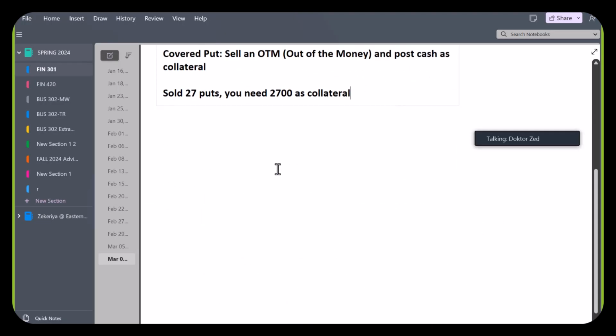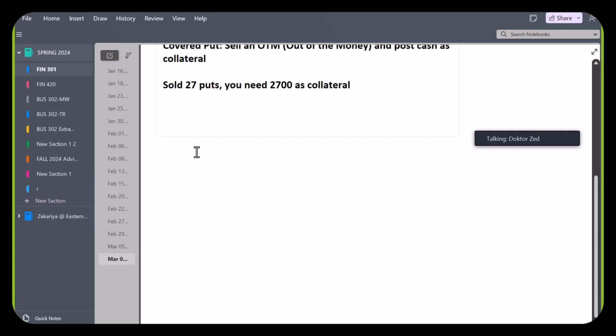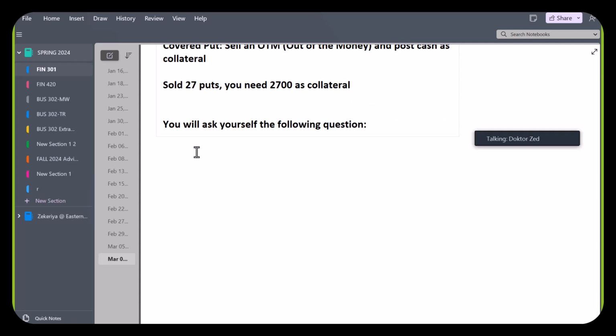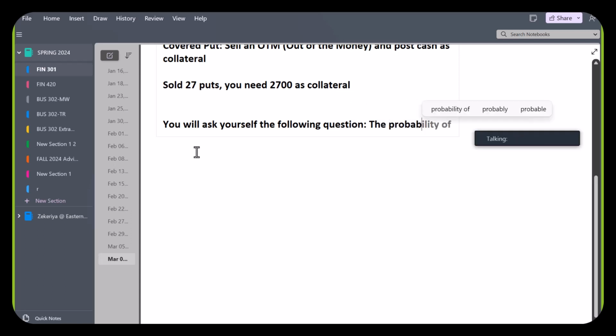So to make it a little bit formal, you will ask yourself the following question: the probability of exercise you can live with.